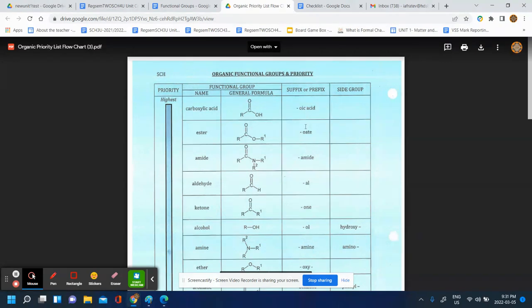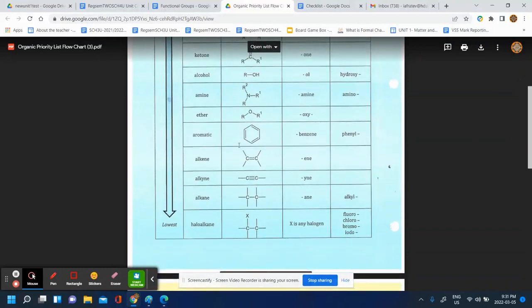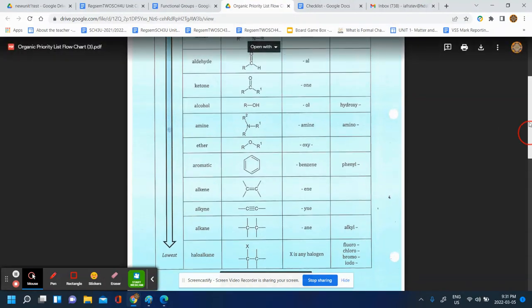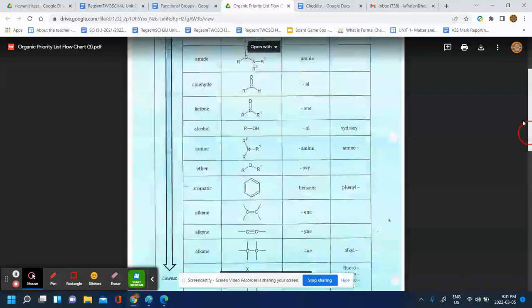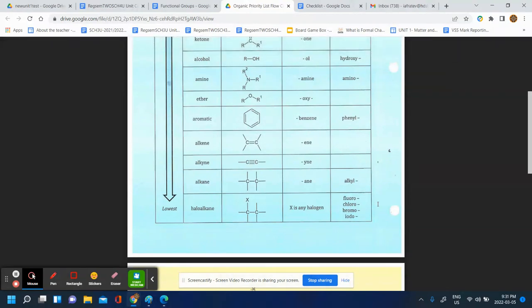This is the priority list order. And so the highest priority is on top, and then we get lower and lower in priority as we go towards the bottom here. Just remember that for the most part, when it comes to side chain priorities, the aromatic phenyl group, the alkyl groups, the halogen groups, side chain wise, they were all basically the same.